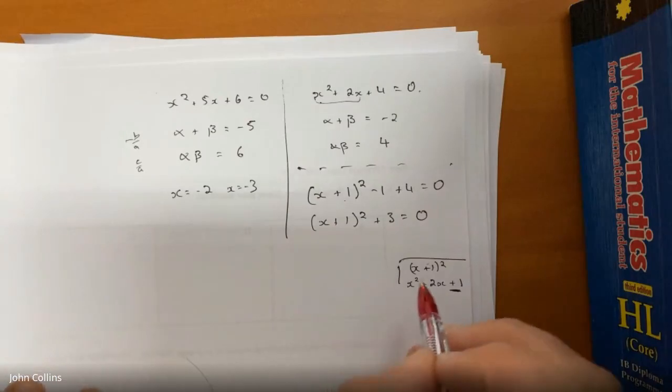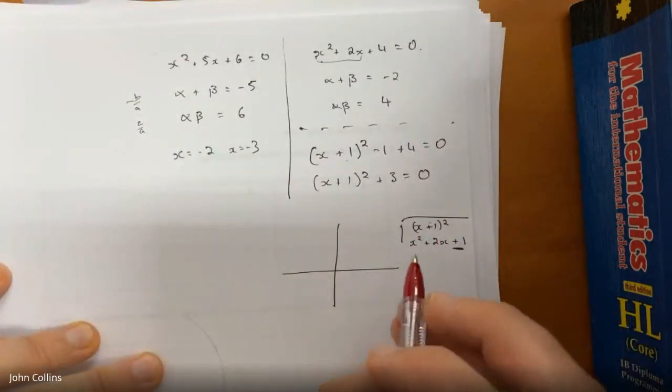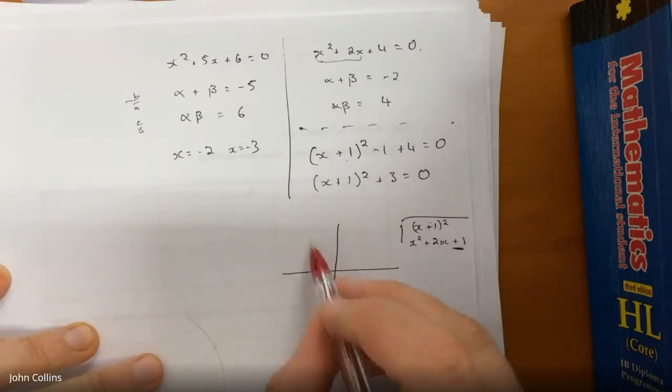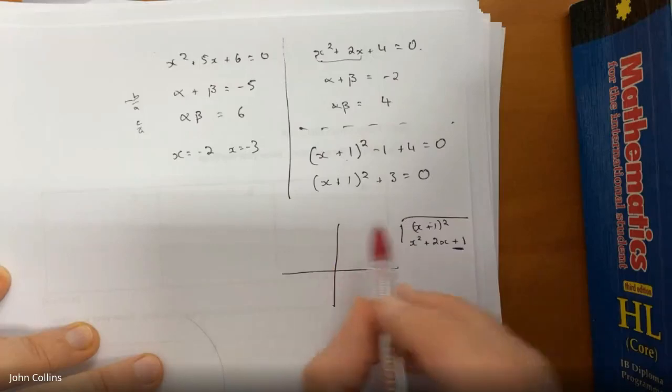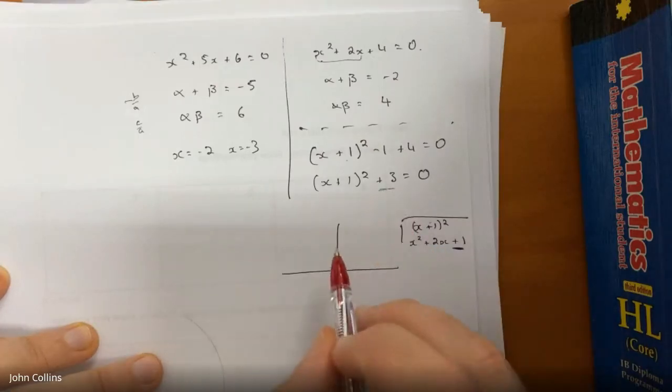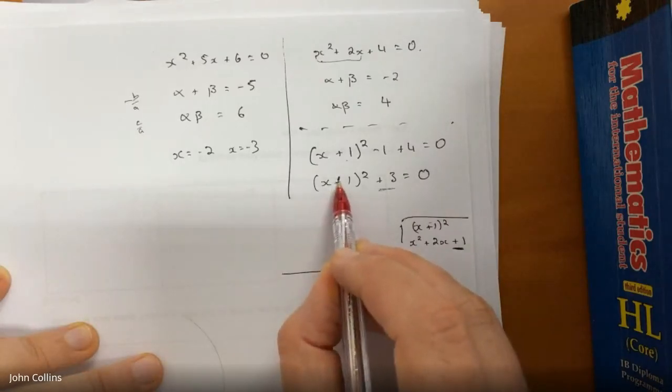Now, if I want to sketch that, well, the parent function is just x squared, which would be just a nice little U here. It would be moved up 3 with a vertical translation, and moved to the left 1, with the plus 1 attached to the x here.